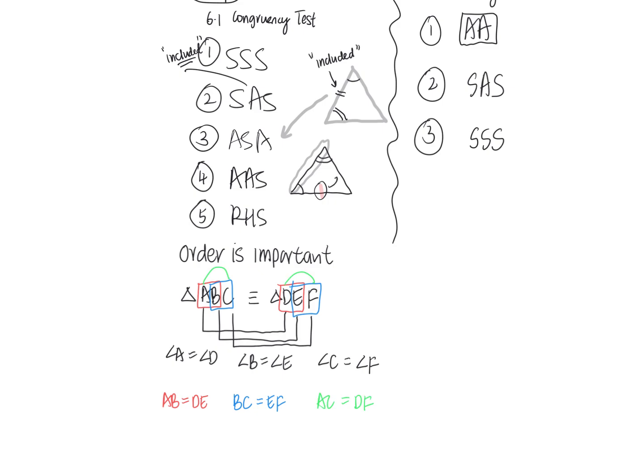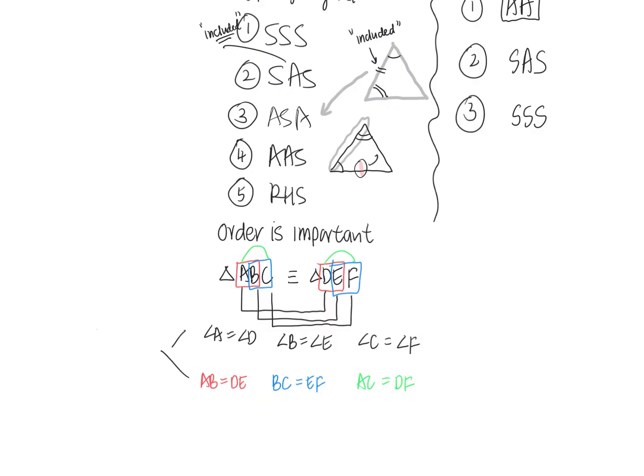So they have equal sides, equal angles. So for congruency, they have equal corresponding angles. And then they have equal corresponding sides. Corresponding means the matching ones. Okay, so this is for congruency.